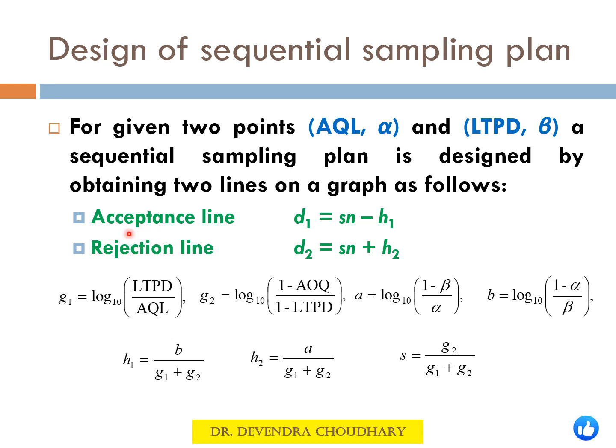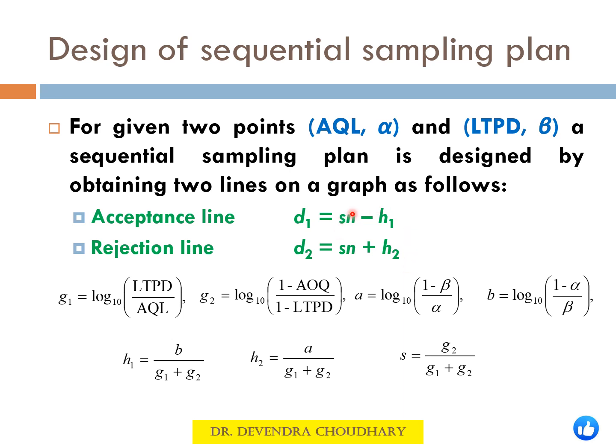The first line is known as the acceptance line, D1. It is Sn, as we have obtained, where n is the number of samples, which we will discuss later in more detail, minus H1. The rejection line is Sn plus H2. So these are two straight lines.